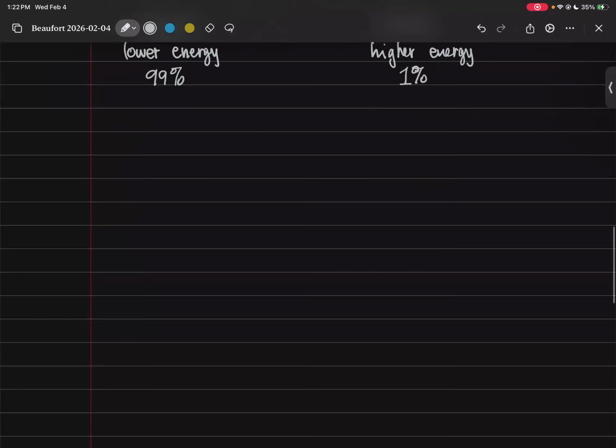But if we look at a molecule like butane, projections. Now we have more substituents on our two carbons of interest, which we'll keep the same ones here.